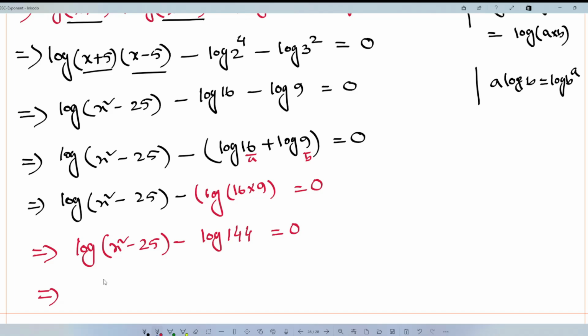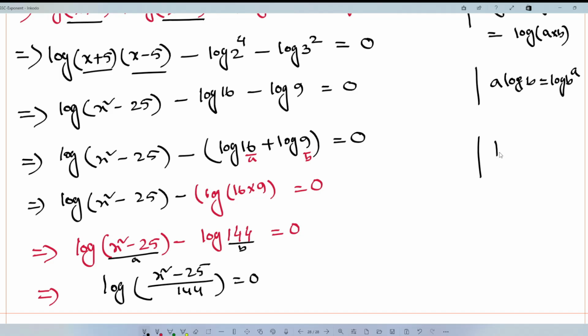And now, suppose x square minus 25 will be a and 144 will be b. So here is log a minus log b, we can write log x square minus 25 divided by 144 equals 0. This one is log a minus log b, which means log a divided by b.